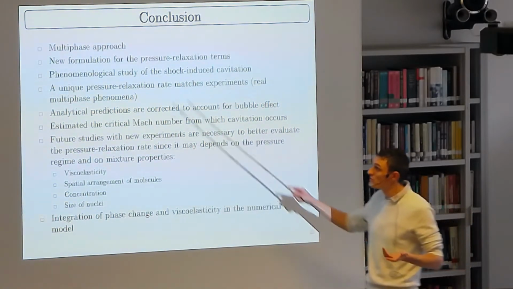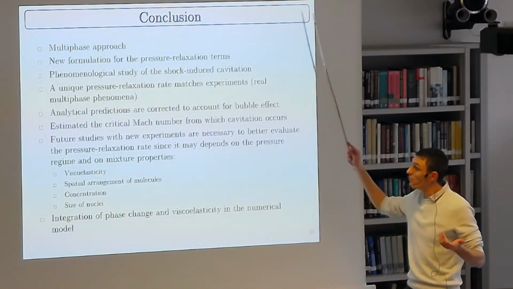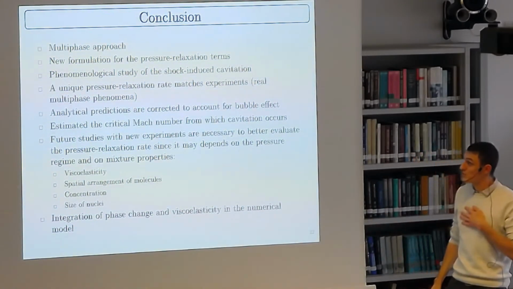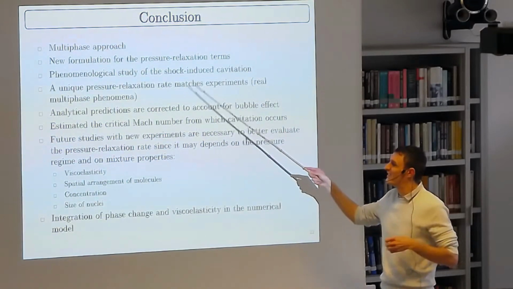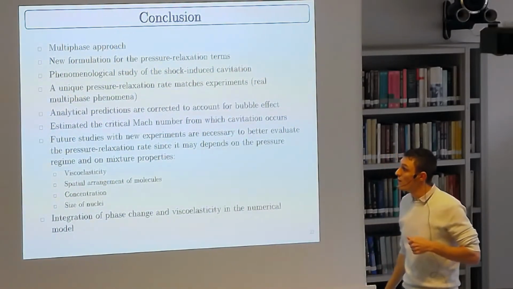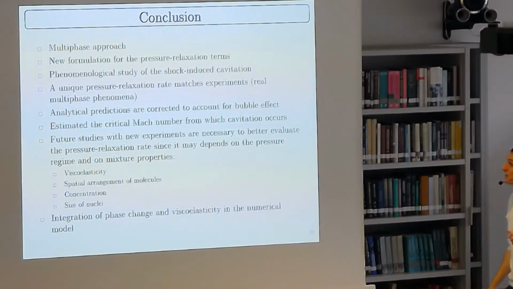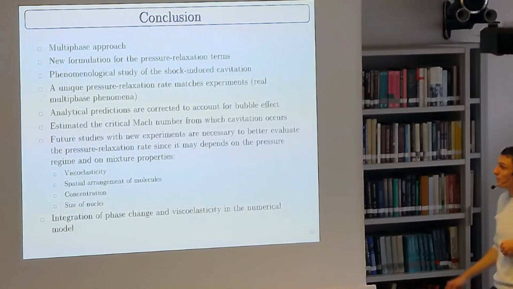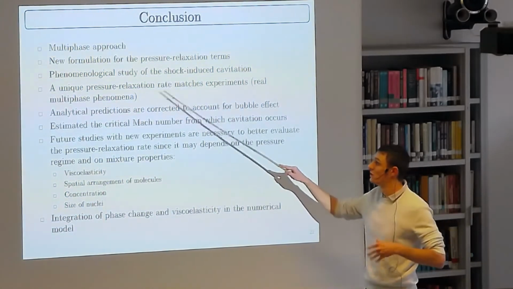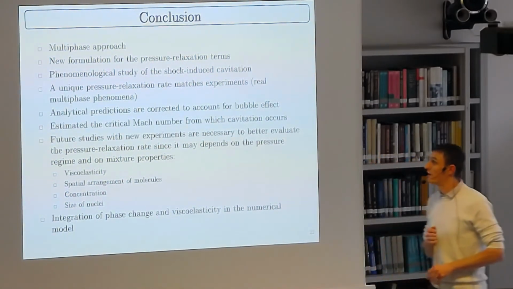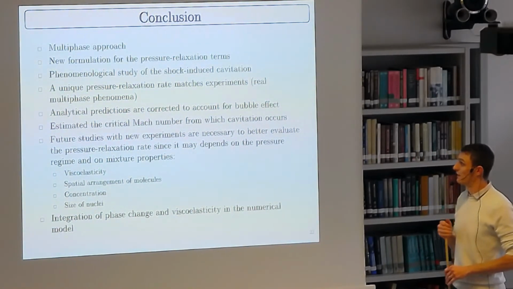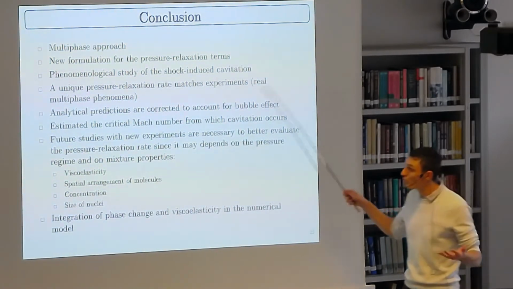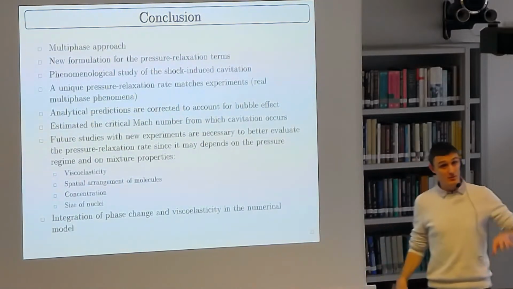In conclusion, we used the multiphase approach with a new formulation for the pressure-relaxation terms. We did a phenomenological study, even though I didn't explain that much, on shock-induced cavitation. We found that there is only one unique relaxation rate that matches the experiment, meaning that it is able to reproduce the real multiphase phenomena.